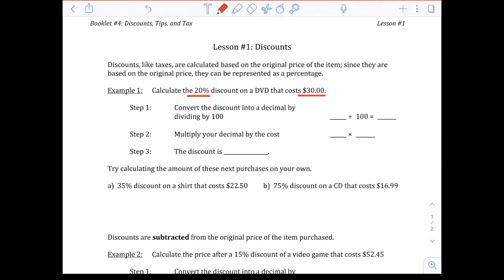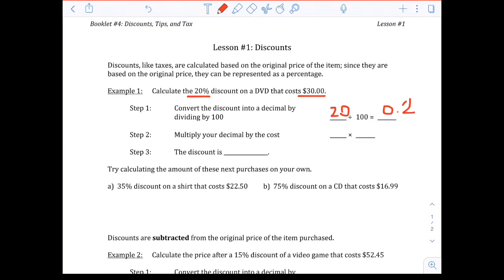It says, convert the discount into a decimal by dividing by 100. So 20 divided by 100 is 0.2. That's what we did last week. 0.2. And then from there it says multiply your discount by the cost.